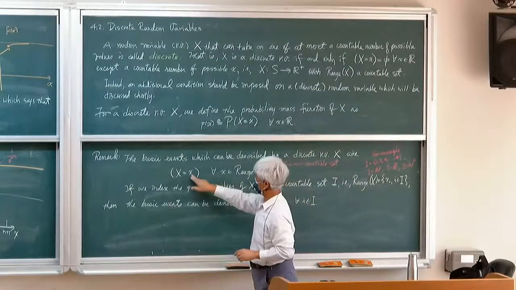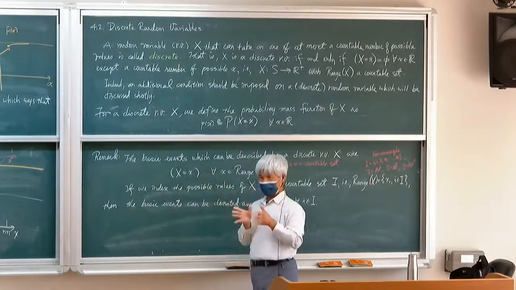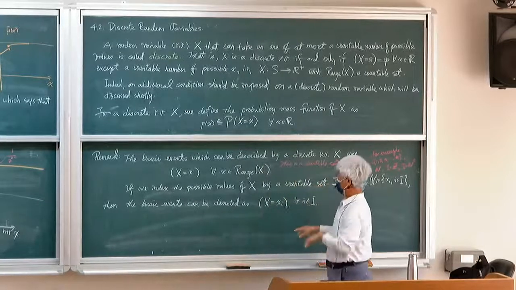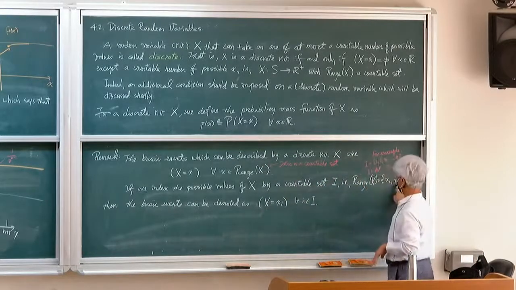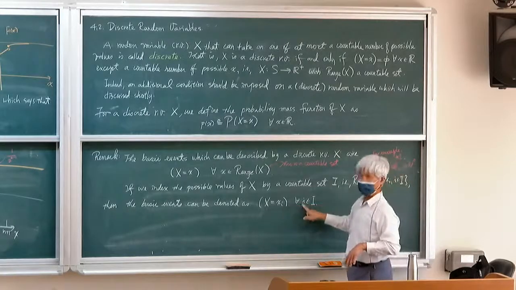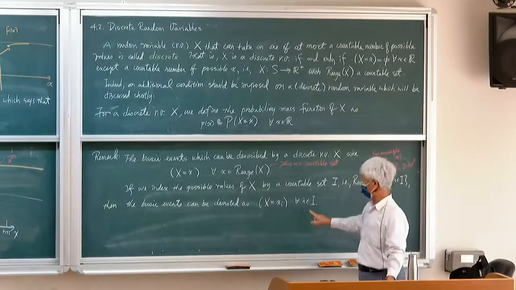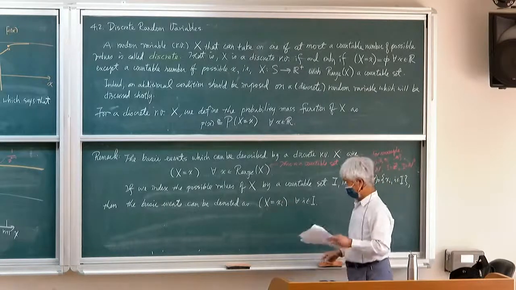So X equal to x_i, when x_i is in the range, is the most basic event you can have. But another way to describe it would be by using a countable index set. This is a very common language to describe all possible values of a discrete random variable.